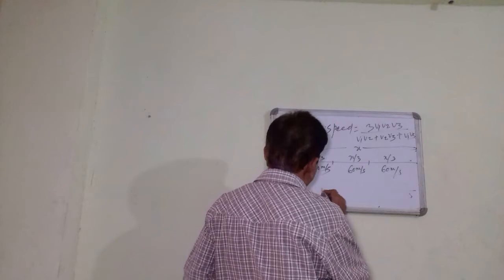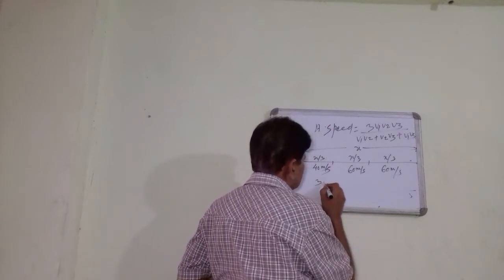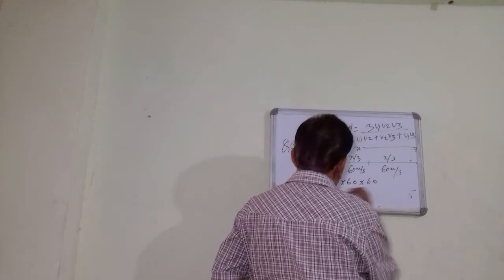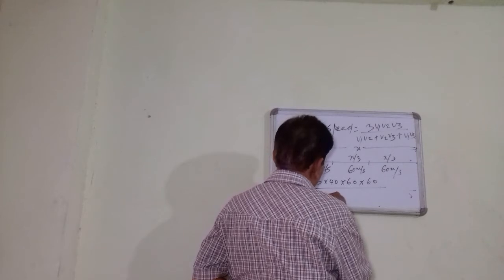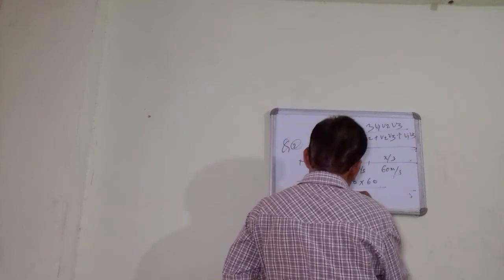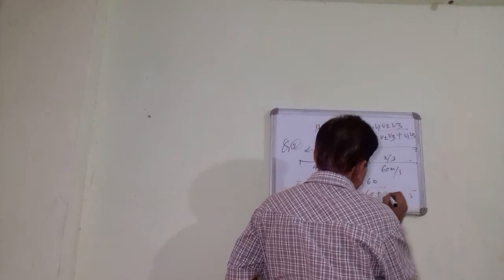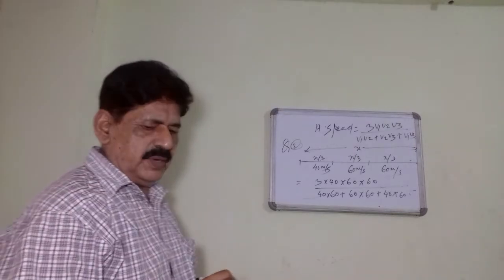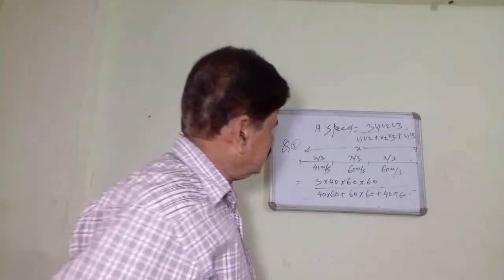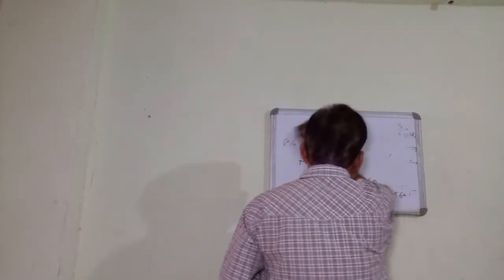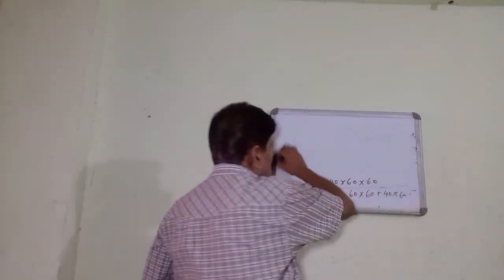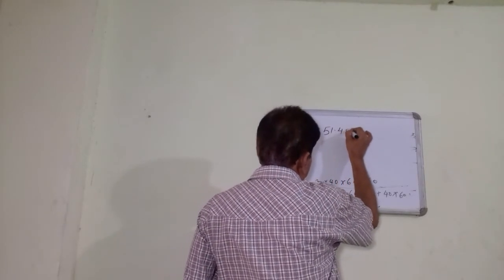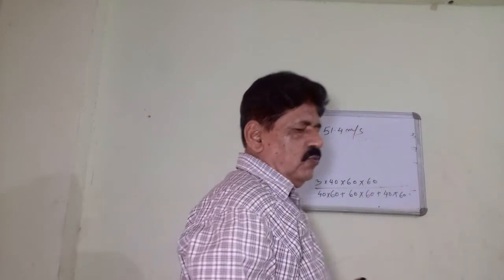It becomes 3 into 40 into 60 into 60 upon 40 into 60 plus 60 into 60 plus 40 into 60. After simplification, you will get the result 51.4 meter per second. So the final result is 51.4 meter per second. In this way we can obtain the average speed.